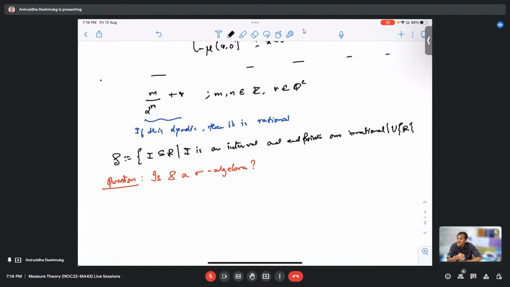But for a sigma algebra, what do we require? The empty set and the whole set should be inside S. And complements: you take any set, its complement belongs to the same collection. So you take an interval. What is its complement?